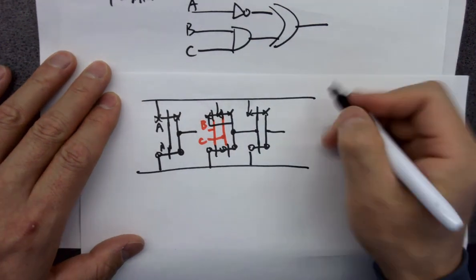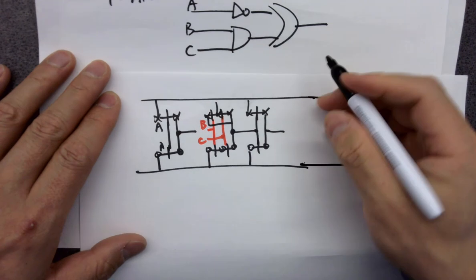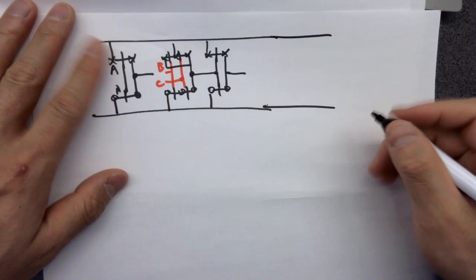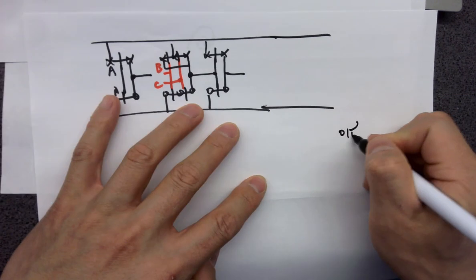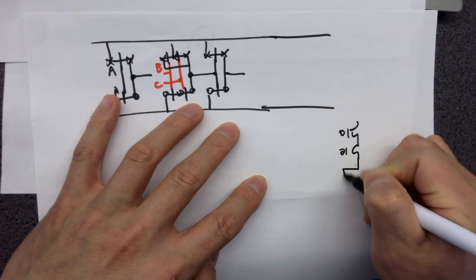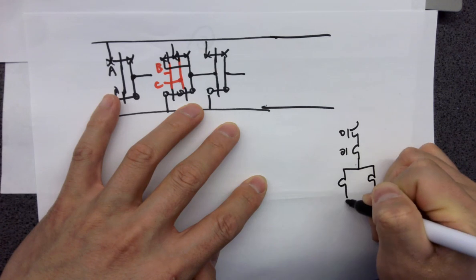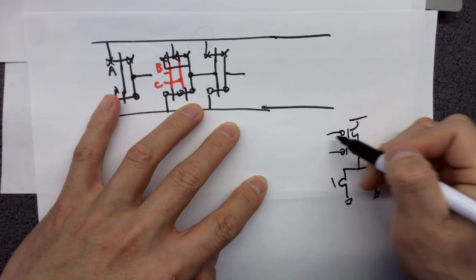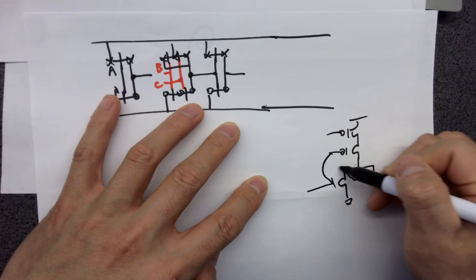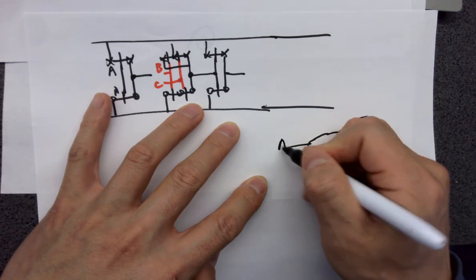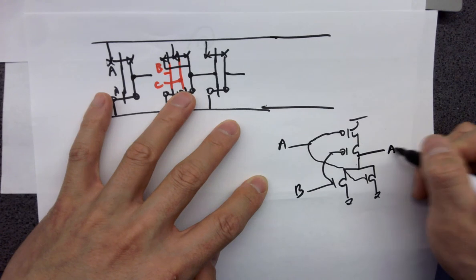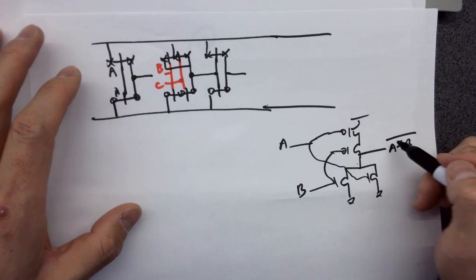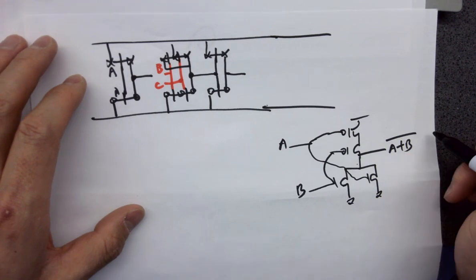For the OR gate, you need two PMOS on the top in series because a NOR gate looks like this. That's a NOR gate. A or B, inverted, so A or B NOT.